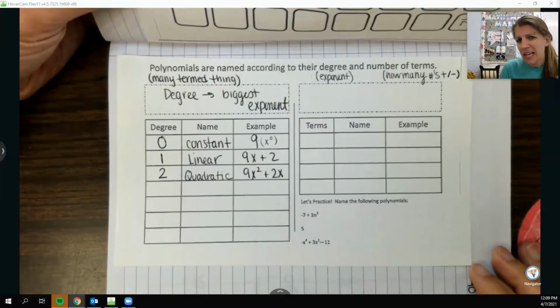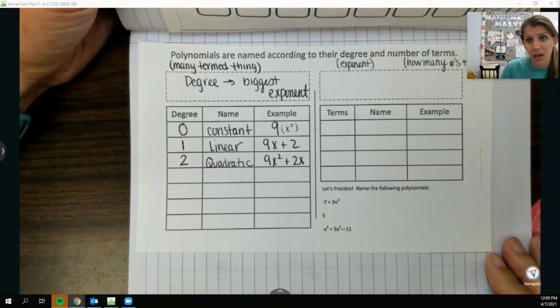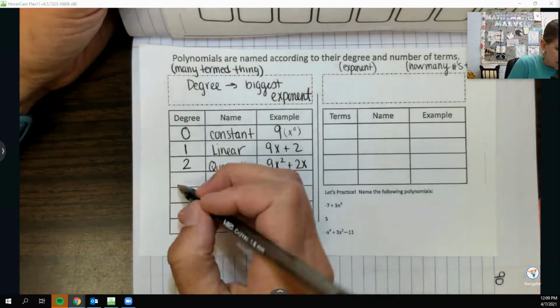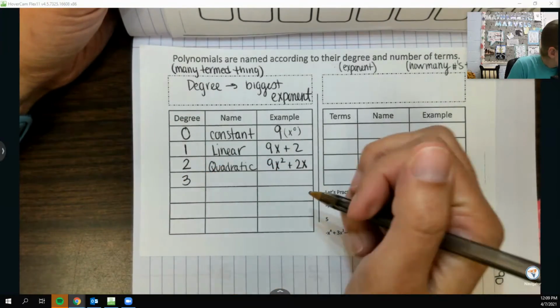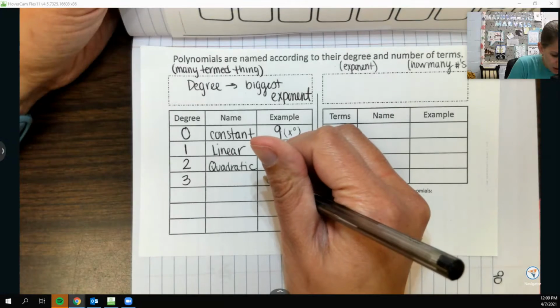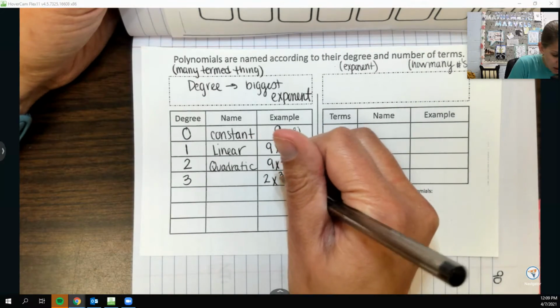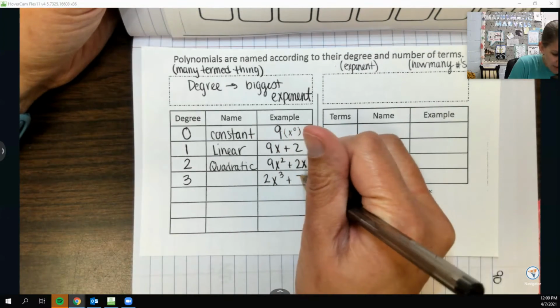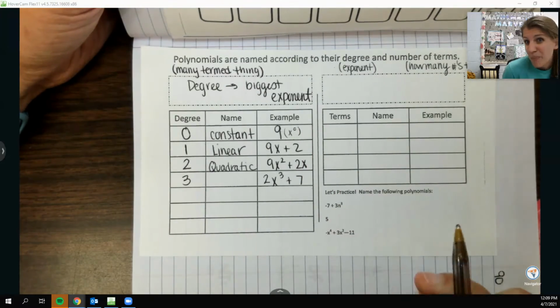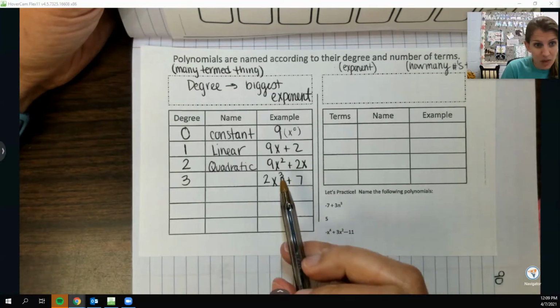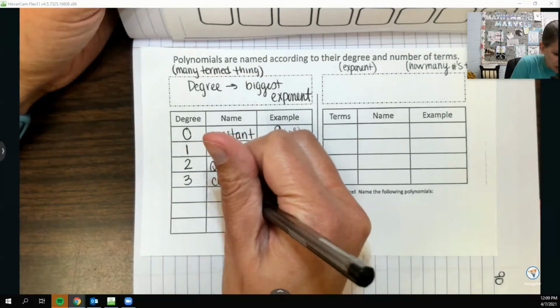It's a little bit weird because when I hear quad, I kind of think 4, but yeah, quadratic is 2. If my highest power is 3, like 2x to the third plus 7, the biggest exponent there is 3. That's called cubic.